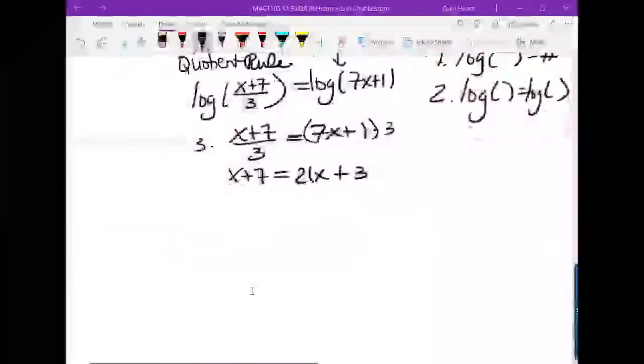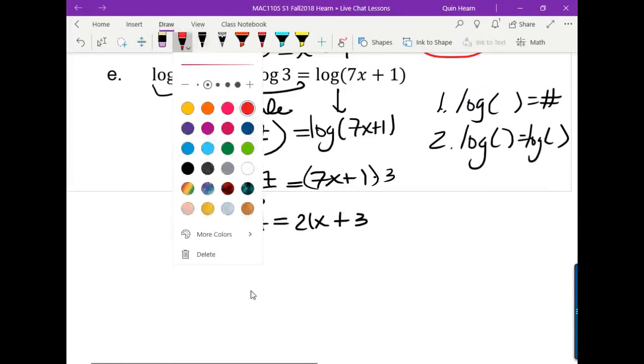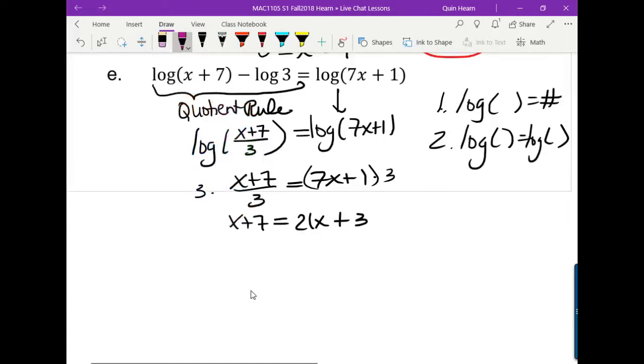It's one logarithm. We've condensed it from 2 logs down to 1. And this is equal to log of 7x plus 1 according to the original equation. Just bring that down. Now we have the log equals a log scenario, and that's a nice scenario because then you can just drop the logs and get x plus 7 over 3 equals 7x plus 1 and solve in the usual way.